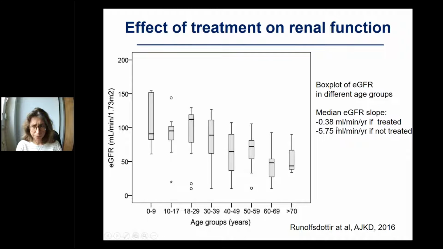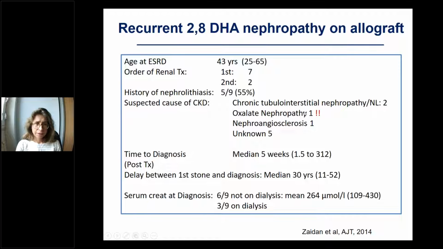The eGFR slope is very low, 0.38 milliliter per minute per year in treated patients, but very rapid, 5 milliliter per minute per year in non-treated patients. So I think that you are convinced that now that on native kidney, it's very important to perform the diagnosis and to initiate a treatment, and of course not to stop the treatment.